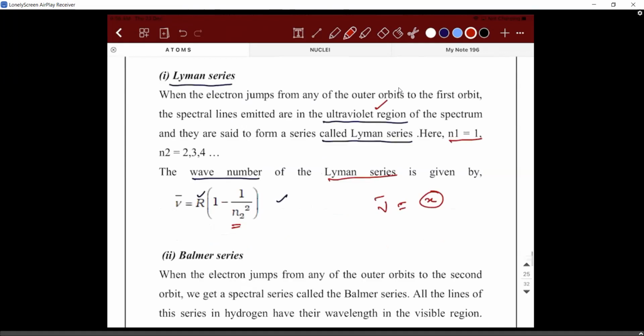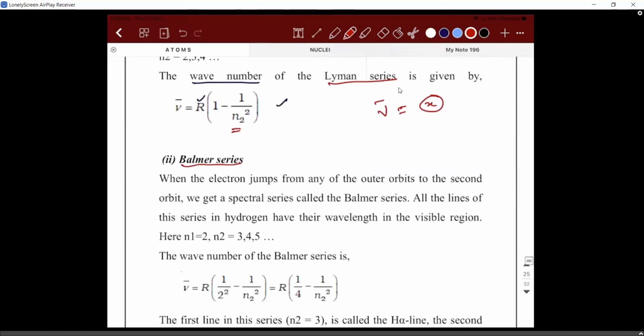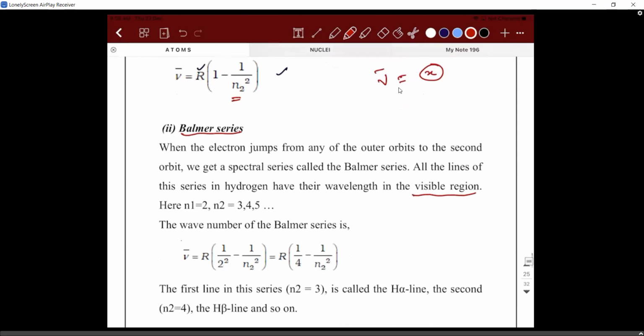Got it? So similarly, if you talk about Balmer series, when an electron jumps from any of the outer orbits to the second orbit, we get a spectral series called Balmer series. All the lines of the series of the hydrogen have their wavelength in which region? Visible region. There is only one which is in the visible region.